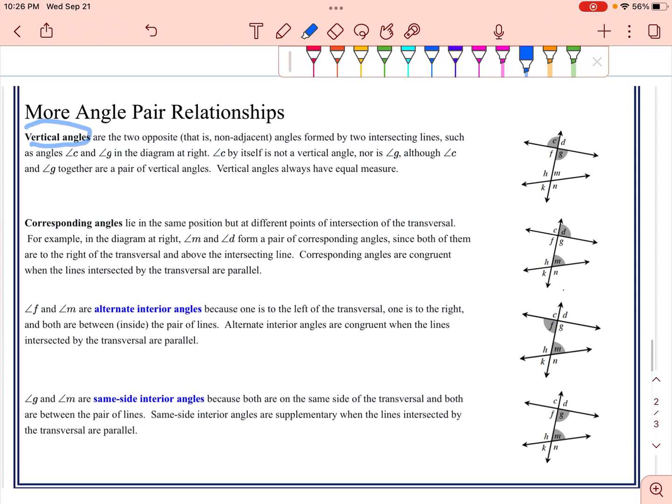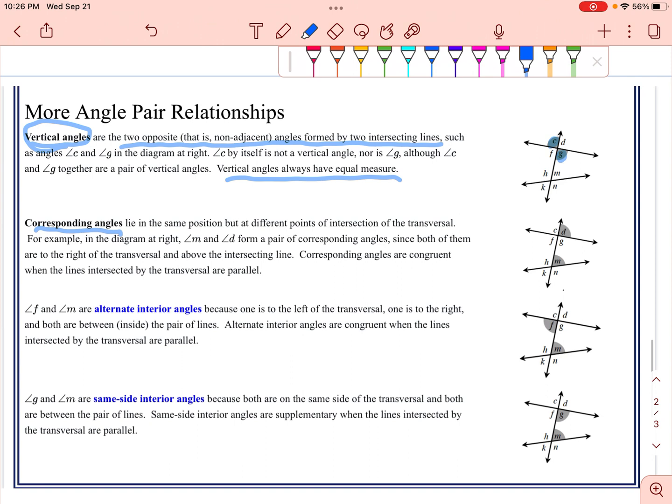Another thing I'm stressing to you: please make sure you have vertical angles in your notes, two opposite angles that are made by two intersecting lines, and they always have equal measure. They gave you an example over here, C and G. Those are vertical.